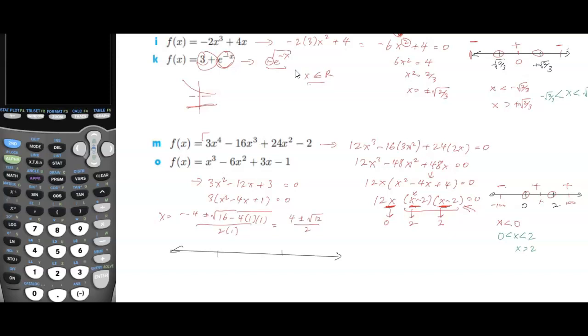So in one case we have 4 plus square root of 12 divided by 2, and in the other case we have 4 minus square root of 12 divided by 2. By the way, we could simplify this a little bit, right? Square root of 12 is also equal to 2 square root of 3, so we could simplify this to 2 plus or minus square root of 3.